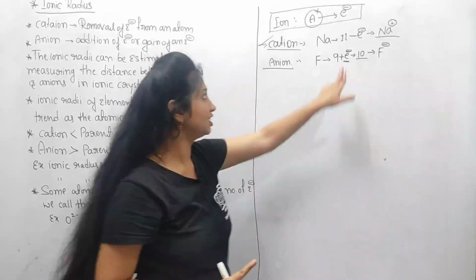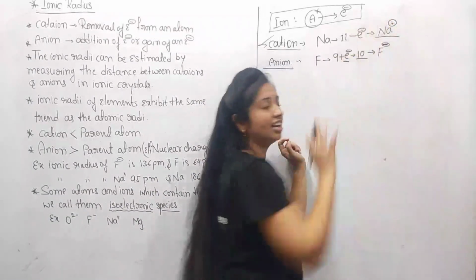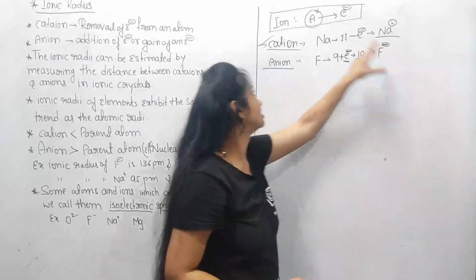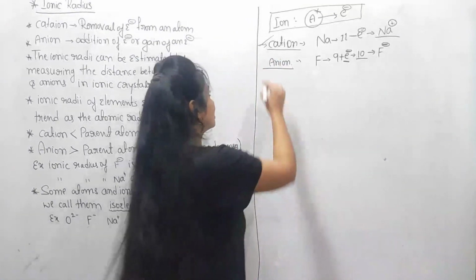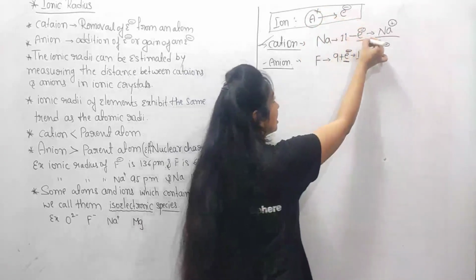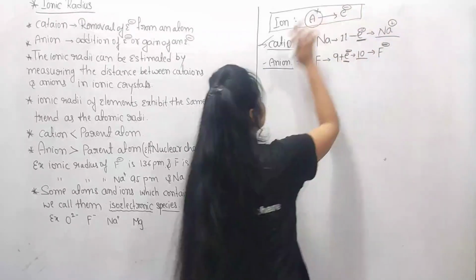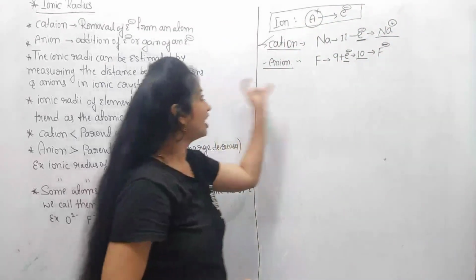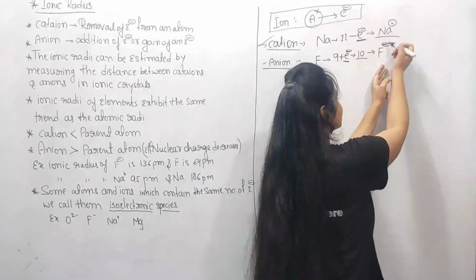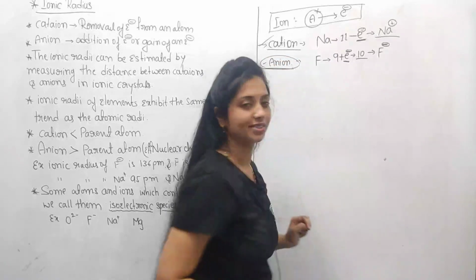Only one electron, so only one negative sign is there. So F minus, the fluorine ion, is an anion. Just to repeat, if the removal of an electron takes place from the atom, it carries a positive charge and is called a cation. When we add an electron to the atom, it carries a negative charge and becomes an anion.